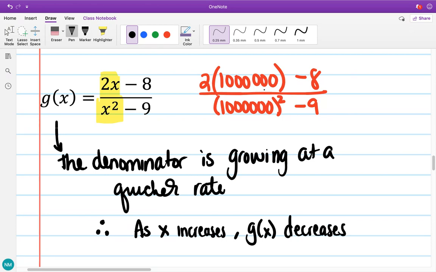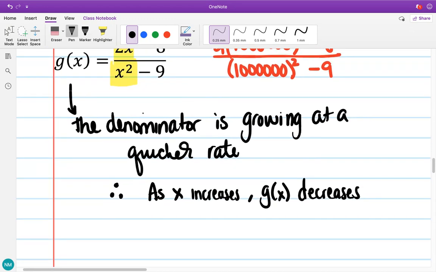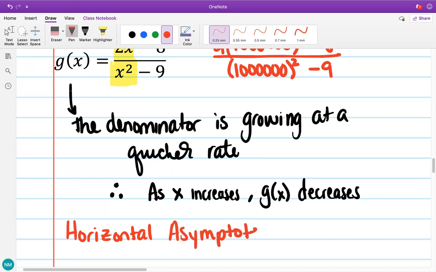If it's decreasing infinitely, it is getting closer and closer to 0. So my horizontal asymptote is what? y equals the same as the reciprocal function, y equals 0.